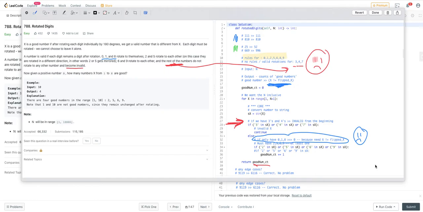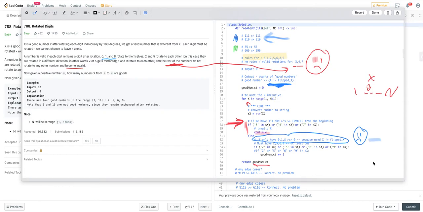So I want to make sure, as I'm looping through my x from 1 all the way to n, if any of my x's is invalid, then I'm going to cross it out. That's this part here, and by crossing it out, it means just continue on with looping to the next x. Now, these other ones we could pretty much ignore, because if they exist, fine, they don't make any change, but if it's only them, then it's bad.